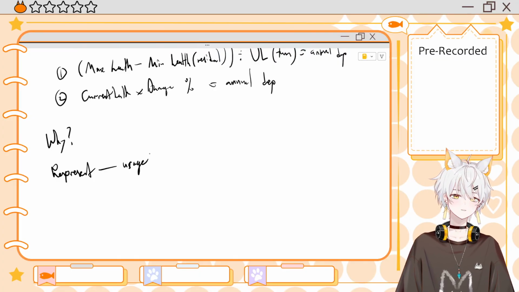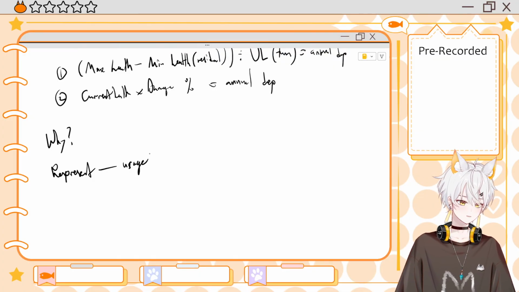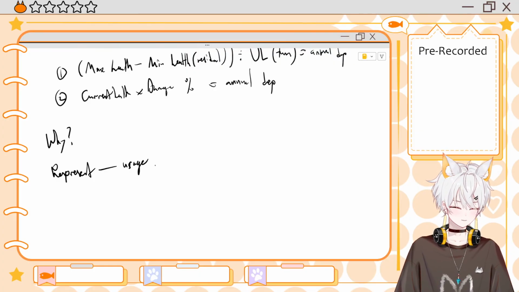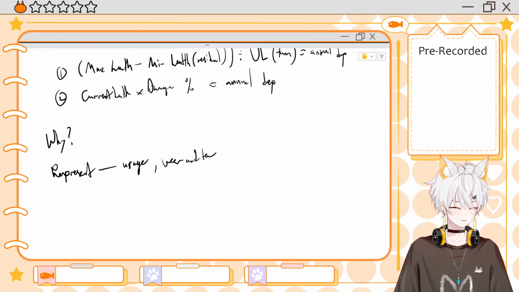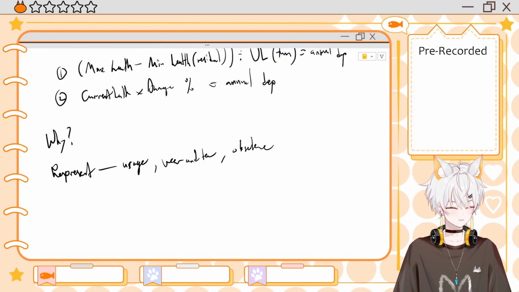Then after the seasons change, you don't need this product anymore, so you retire that machine for next year. So you need to represent the usage properly, the amount of wear and tear, or obsolescence. So what do I mean by all this?